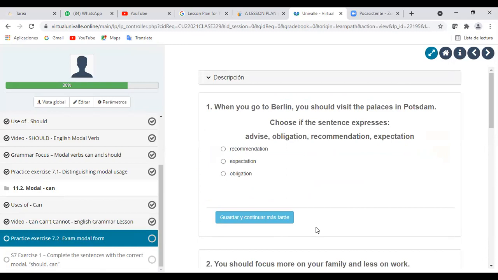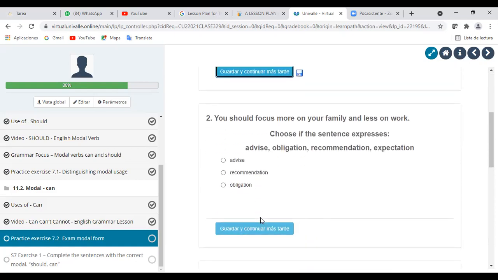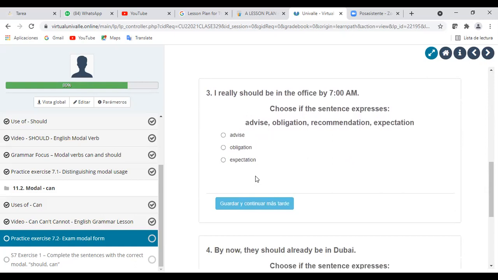I would say a recommendation. Number two: you should focus more on your family and less on work. Advice, recommendation, obligation? I would say this is advice. And number three: I really should be in the office by 7 a.m. Advice, obligation, or expectation?